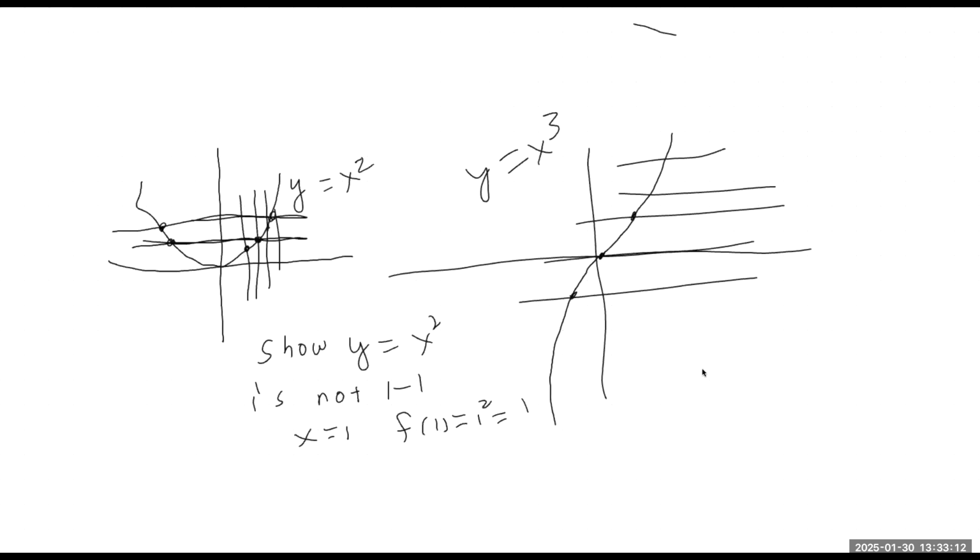If I take x equals -1, f(-1) is (-1) squared, which is also 1. So what that means is I've got f(1) and f(-1) that are both 1, but x1 is 1 and x2 is -1. They're different. So that's my counterexample. It can't be one-to-one.